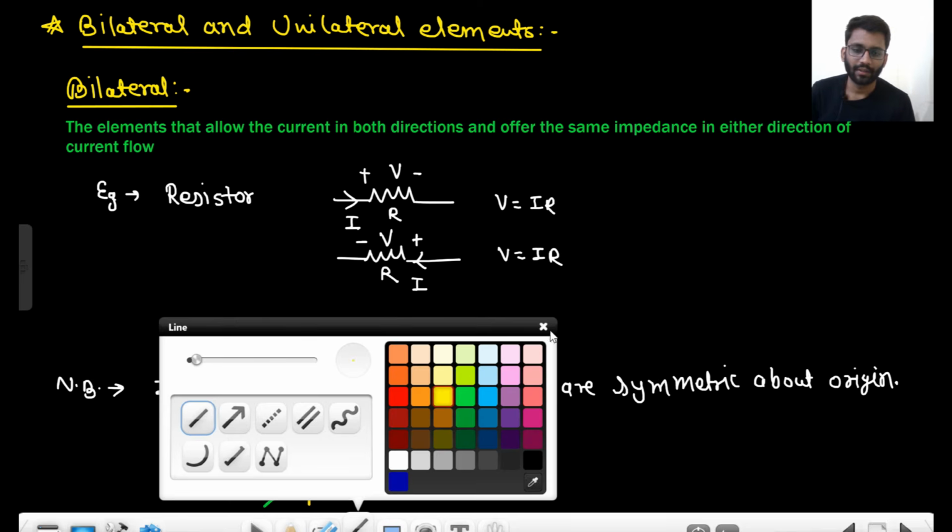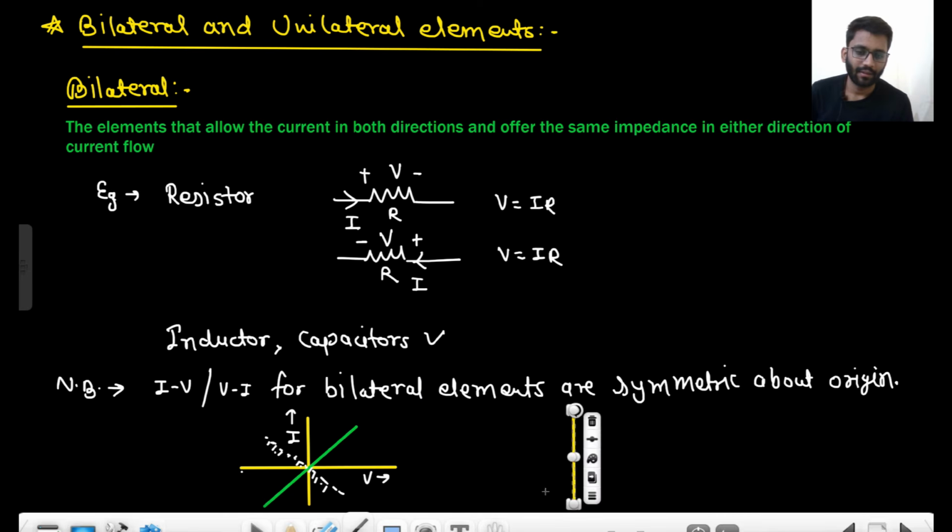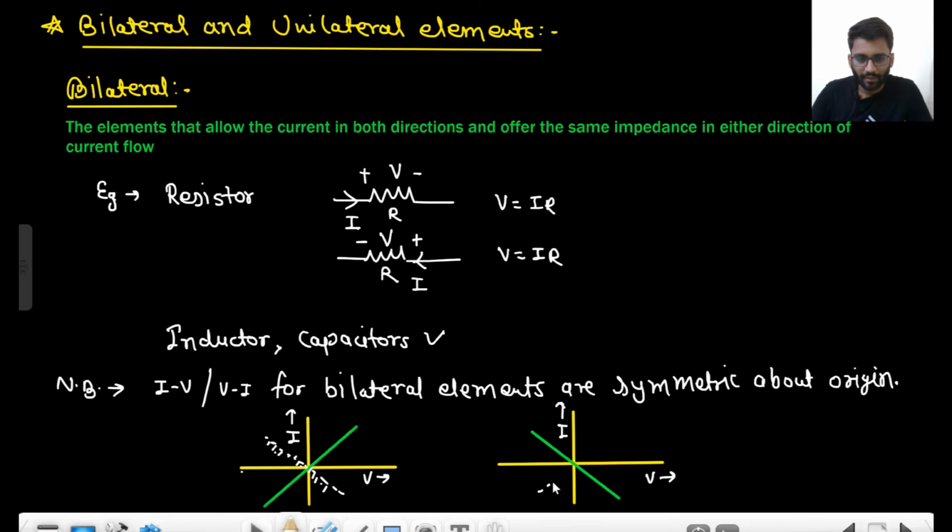Or with I and V like this, if I make it like this and place the mirror like this, this is also symmetric about origin. So these are symmetric about origin.